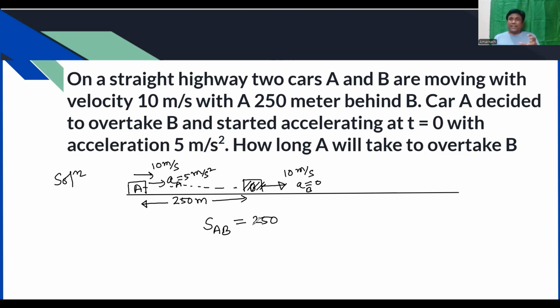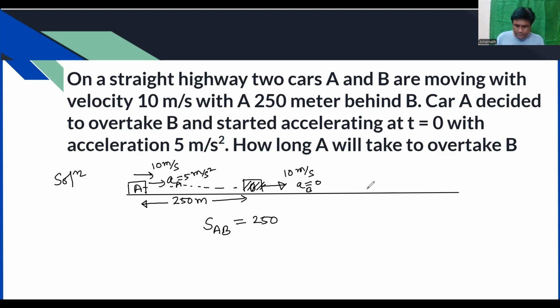So try to understand it. If you sit at B, you are the observer now, so you will find yourself stationary only. So A is coming to meet you. It means A has to travel 250 meter. Actually, B is also moving, A is also moving. But A is moving 250 meter extra. That is nothing but the relative displacement. Say after a certain time they are meeting. So B comes to this position.